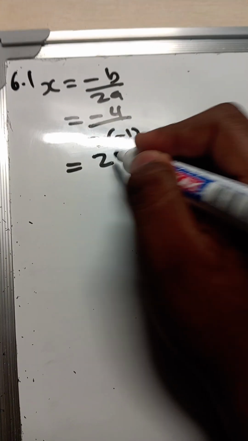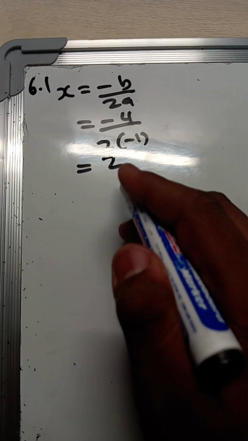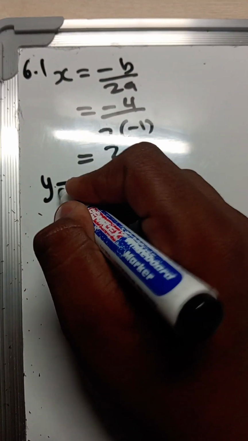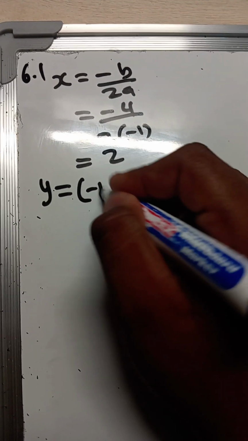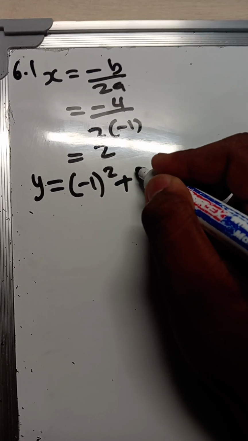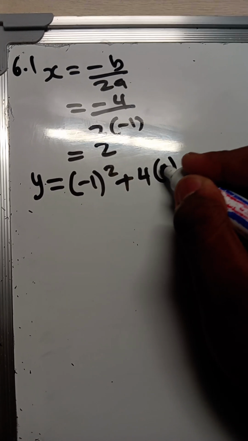So basically the x coordinate of the turning point is 2. To find the corresponding y coordinate of the turning point, you just substitute into the original equation.